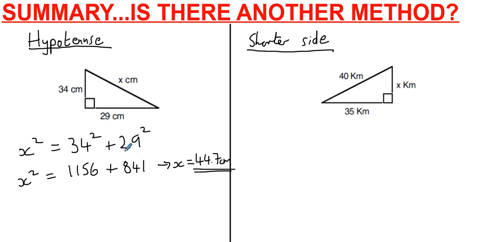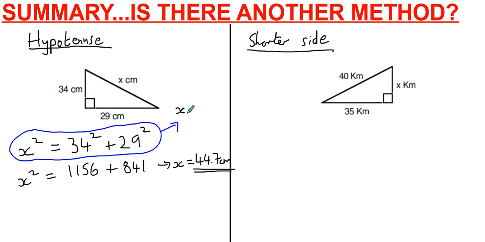But what I want to think about here is, could we have done this any quicker? Rather than doing the individual squares, then adding, and then square rooting. If we have a look at this here, could we have not just asked our calculator to just square root all of this for us?